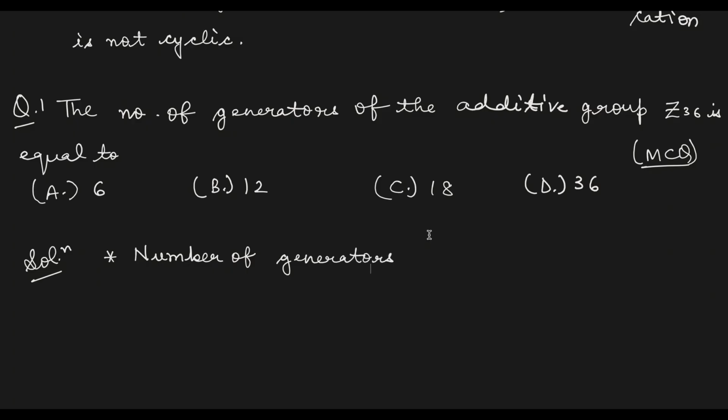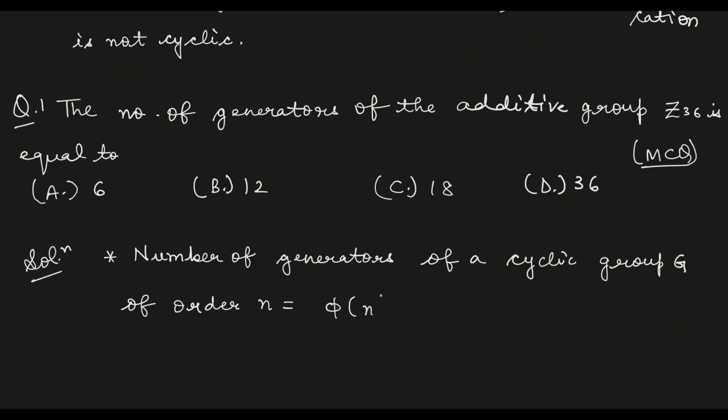Number of generators of a cyclic group G. This is calculated by phi n.